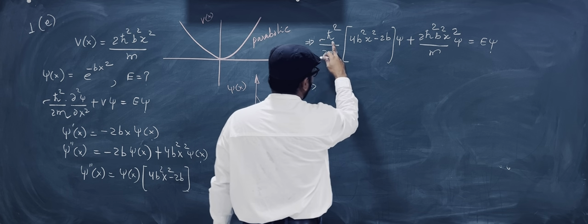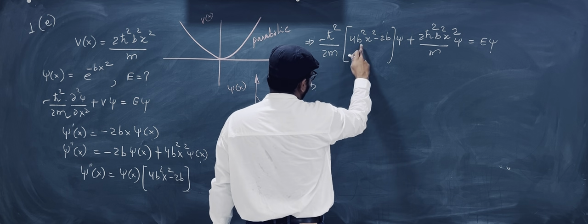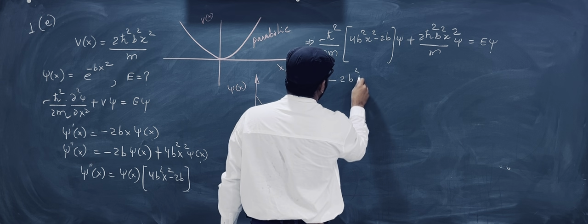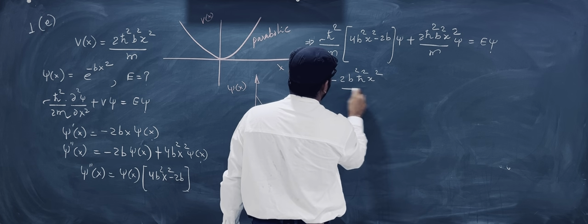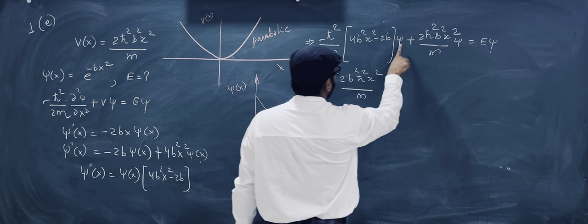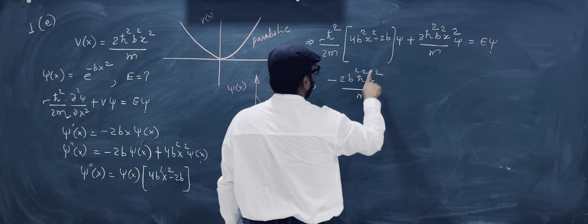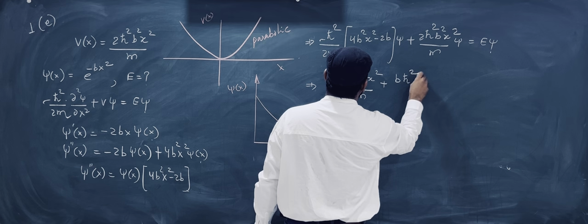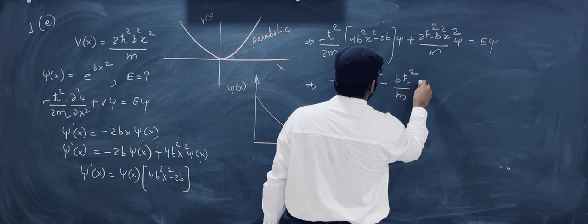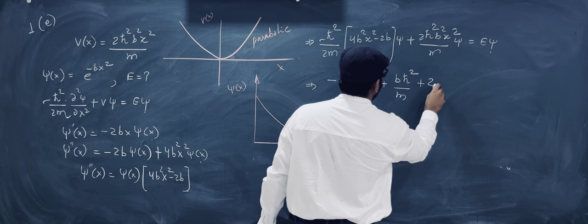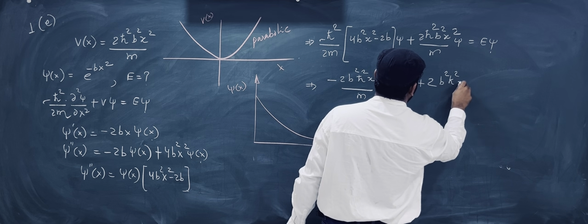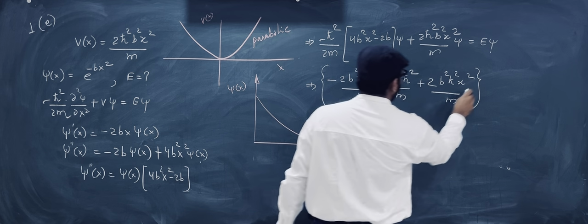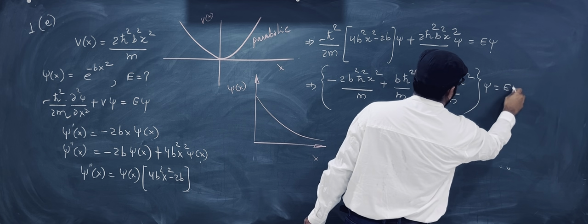If you multiply this with this, it will become minus 2b square h cos square x square by m, and if we take psi out of these two terms, the second term will be plus, 2 will be cancelled out, so it will be b h square over m, and this is plus 2b square h square x square over m, and we have psi outside, this is e psi.